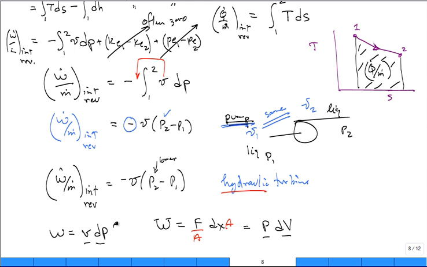This is for an open system, a flow through the device, okay? There were a lot of steps involved, but this is for the internally reversible work. I could put a capital V here, but when I divide by the m dot, it becomes a specific volume. Just like over here, if I divide by the mass, then it's P dV, something like that. Okay? All right.